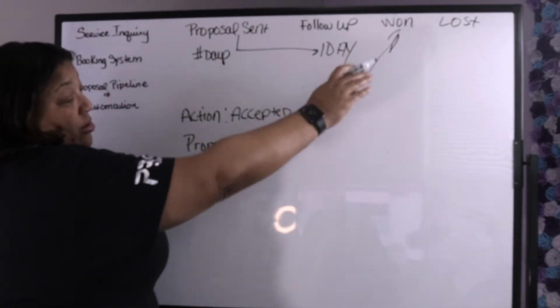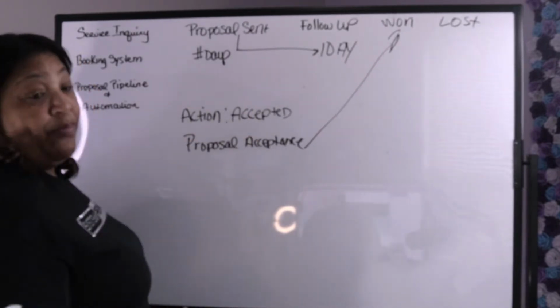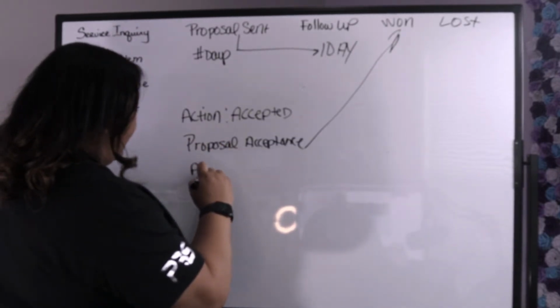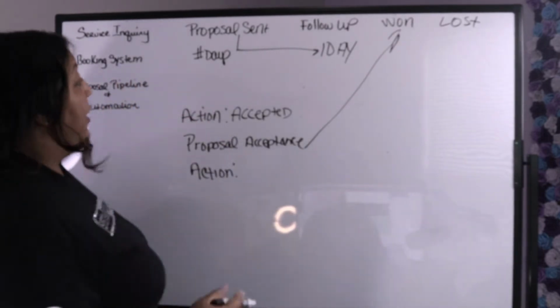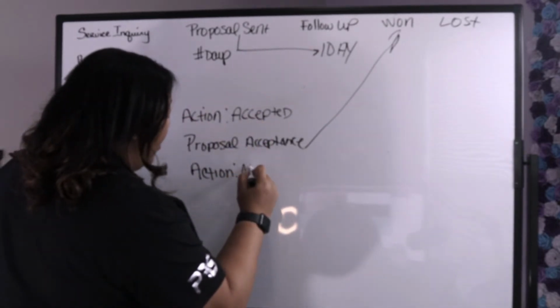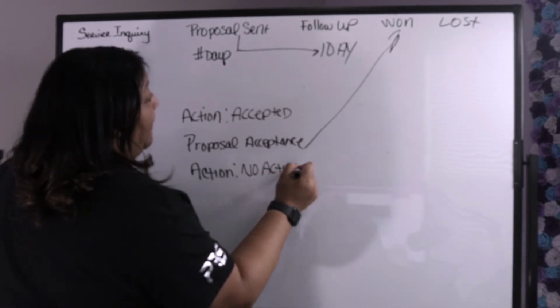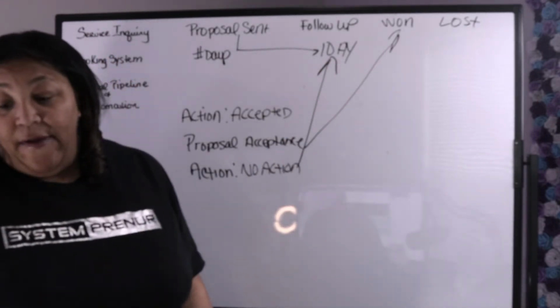This is the pipeline, right? And so if the proposal is not accepted, the system is going to look for it and it's going to say follow up, right? So from here, we're going to follow up 1 day.